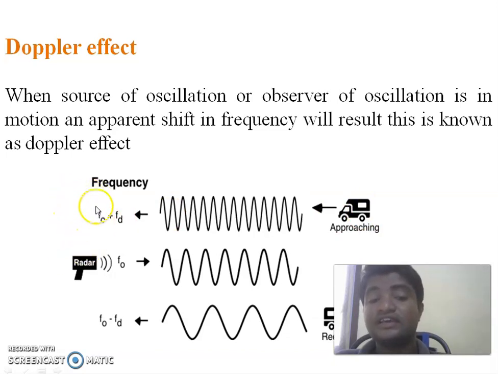The person is an observer of the oscillation. When the vehicle is moving towards this person, the frequency will be increased, f0 plus fd. Suppose the vehicle is moving away from the person, then the frequency will be decreased, f0 minus fd.